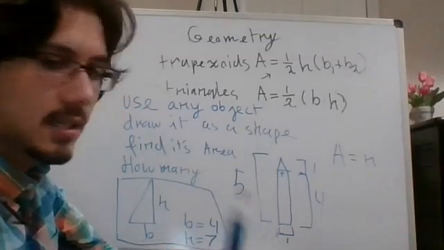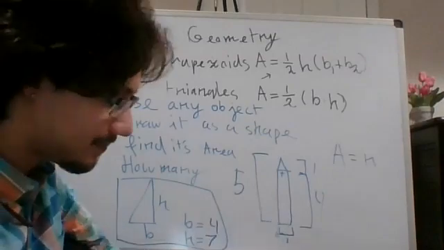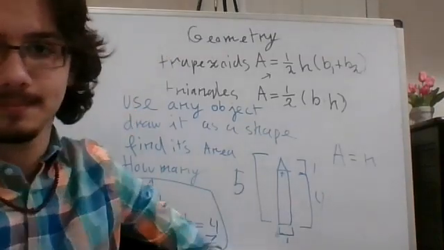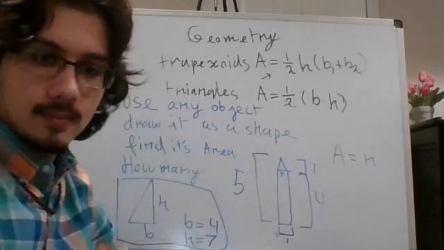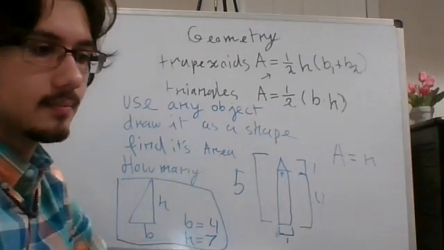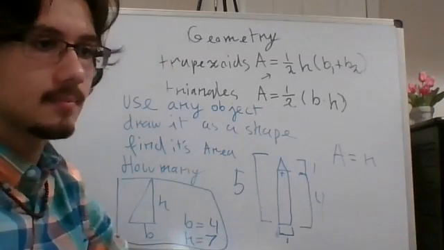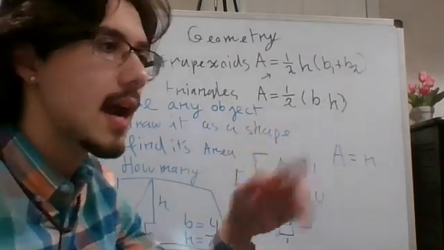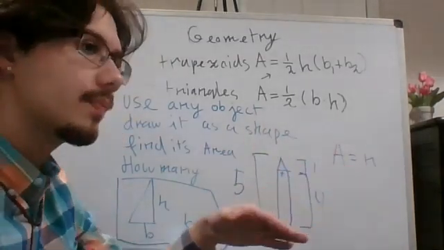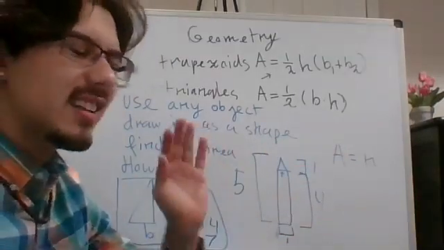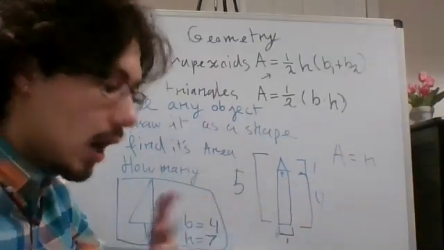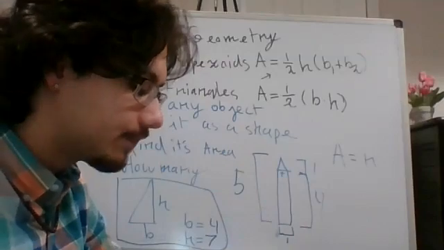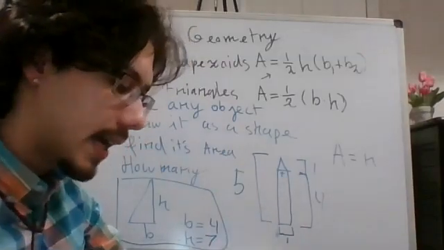Okay, I'll be putting these directions in the WhatsApp. Sir, when we draw our shape, do we have to measure the actual length and width of the shape, or can we just make up a random number? You can make up whatever numbers you want, as long as they're not all ones. I want you to put at least a little effort into it, but you are allowed to measure it if you'd like.